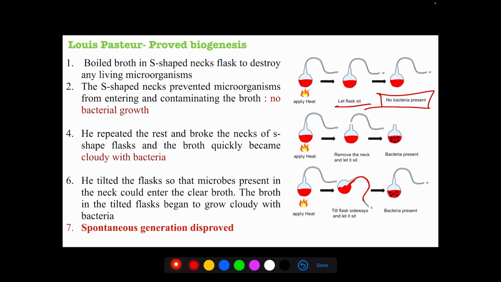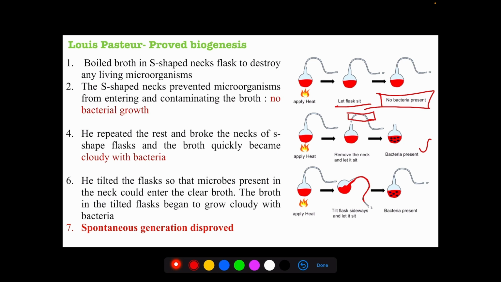He repeated the test, and this time he decided to break off the neck of the S-shaped flask. So he broke off the neck and allowed it to sit for some time. This time around, air entered the flask, and so after a while there was presence of bacteria in the broth.